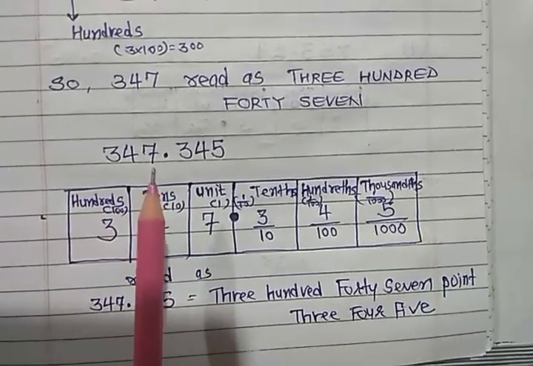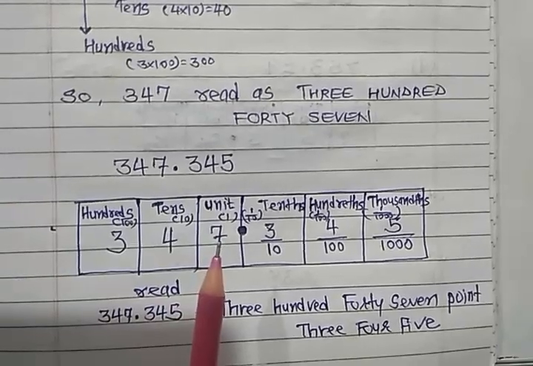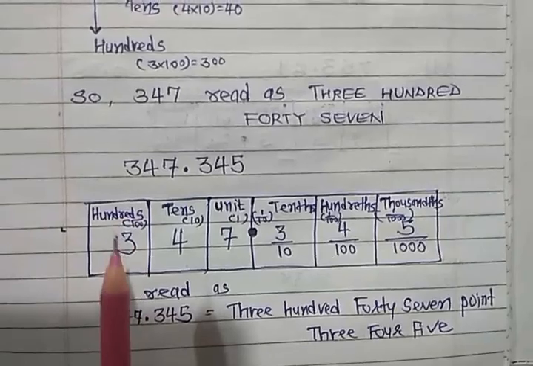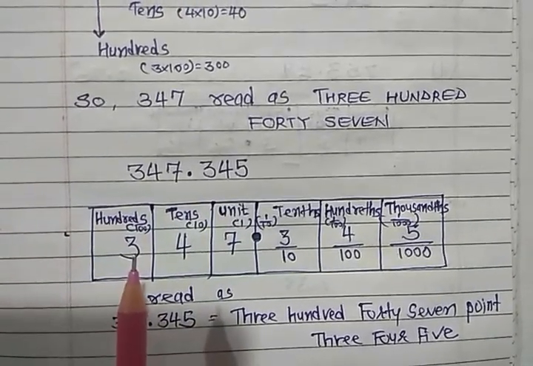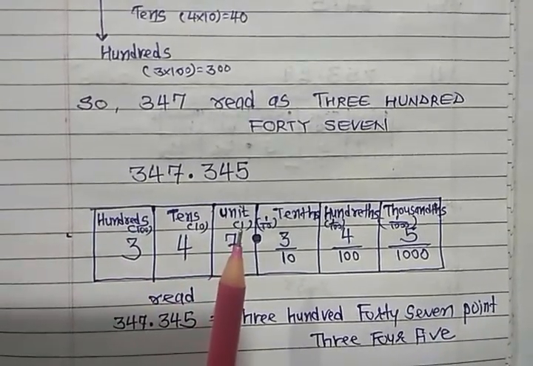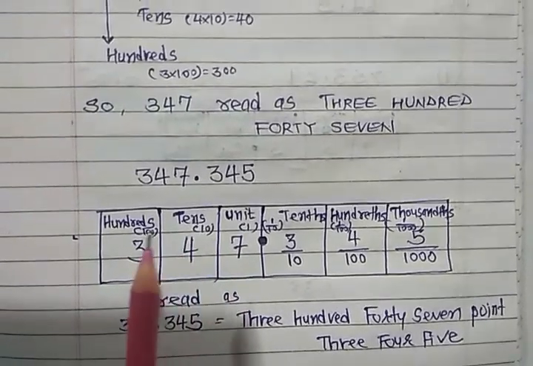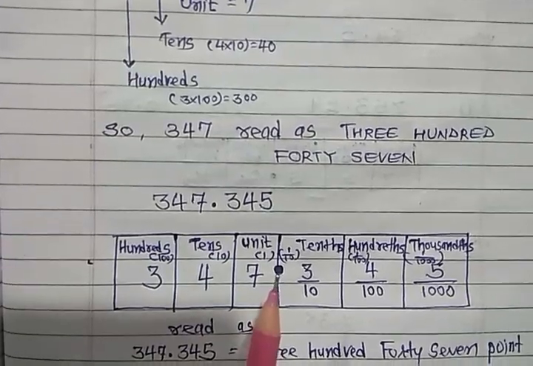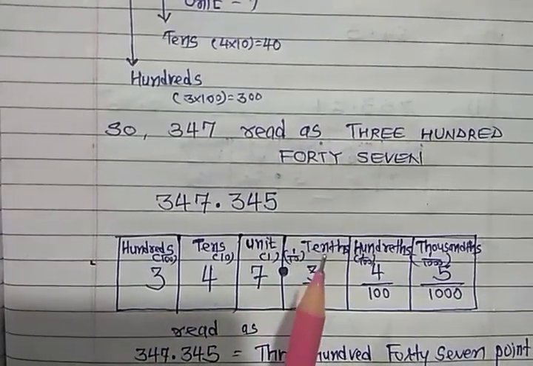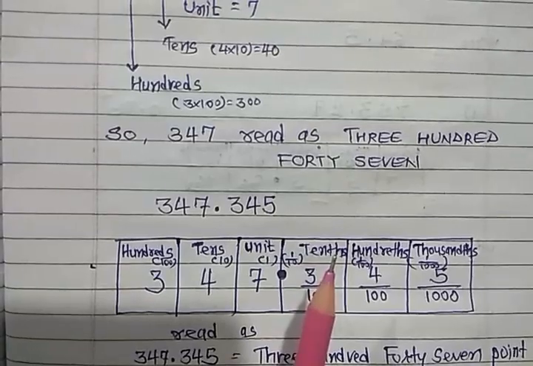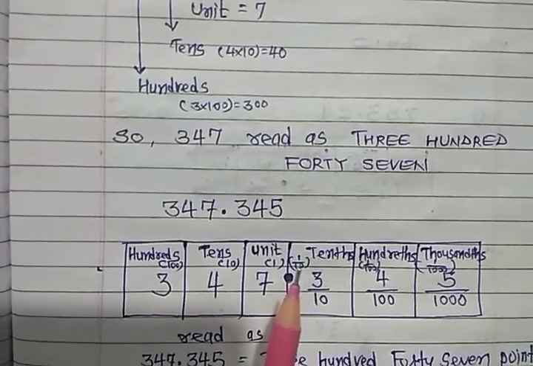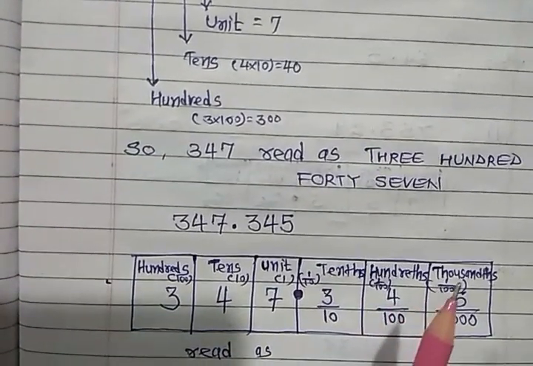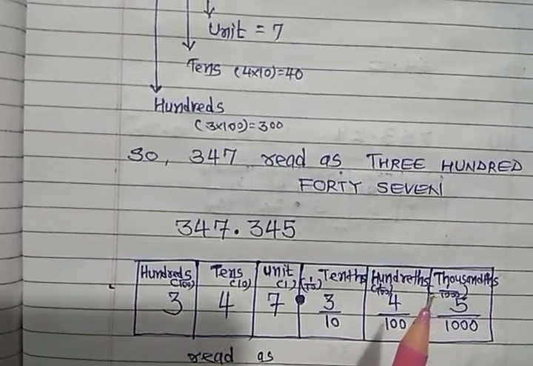So 7 is in the unit place, 4 in the tens place, 3 in the hundreds place, right? So here unit place means 1, tens place means 10, hundreds place means 100. Then we put the decimal point here. After that the tenth part is there. Tenth means 1 upon 10, hundredth means 1 upon 100, thousandth means 1 upon 1000.